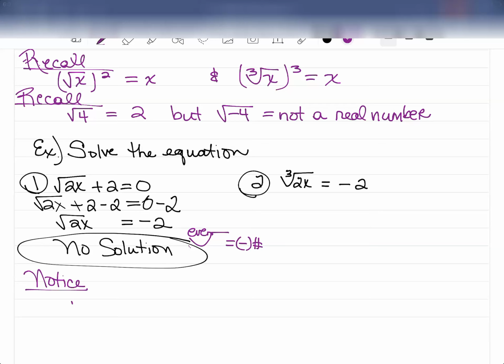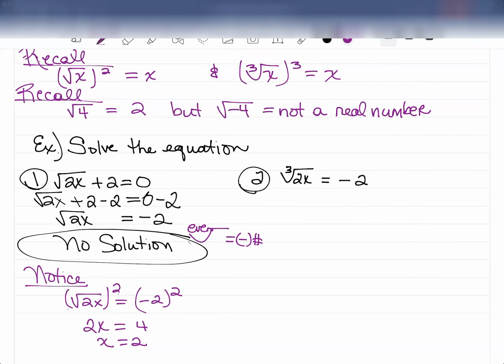If I don't catch it, when I go to square both sides, with the radical by itself, I need 2 of something because that's my index. I have 2 of something now. It gives me a 2x. Negative 2 squared is a 4. Then I divide both sides by 2 to get x equals 2.